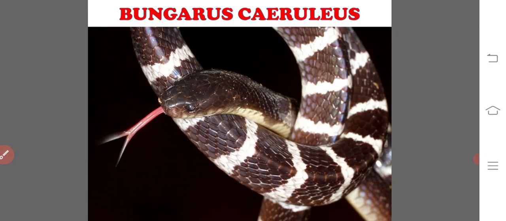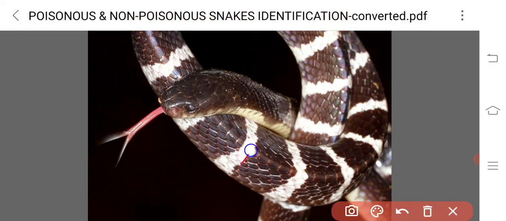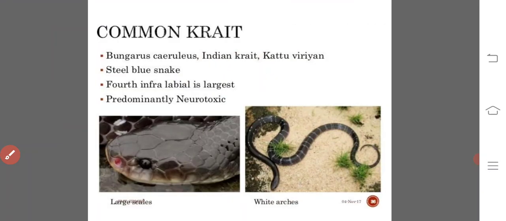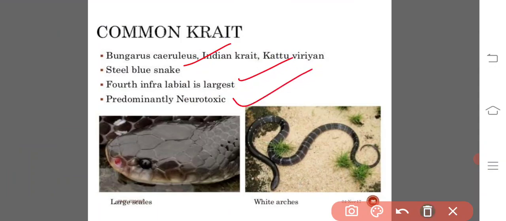This is Bungarus caeruleus, bluish or brownish black with white streaks. The common krait, otherwise Indian krait, steel blue snake, has a large fourth infralabial and is predominantly neurotoxic.